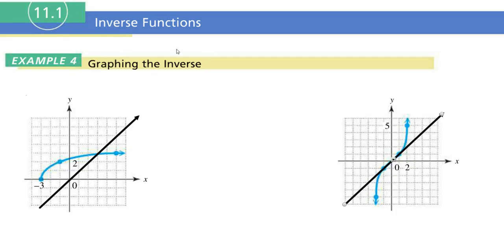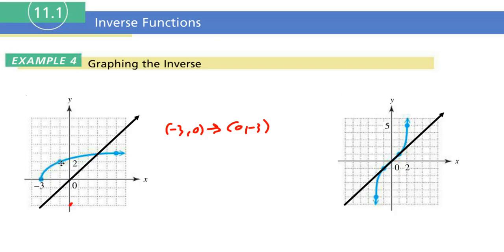So if you were going to sketch this, you just know it has to look like the reflection. If you think about it, this is -3, 0, right? That's the point -3, 0. So if you just switch x and y, now you're going to get 0, -3.